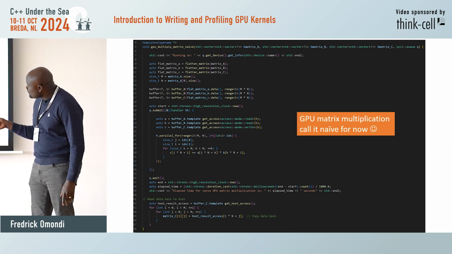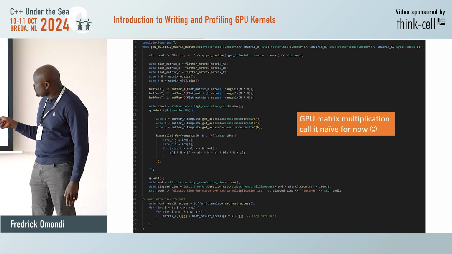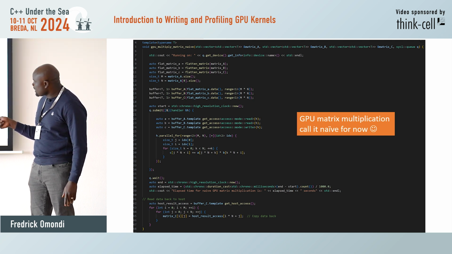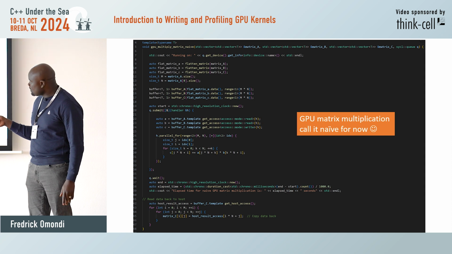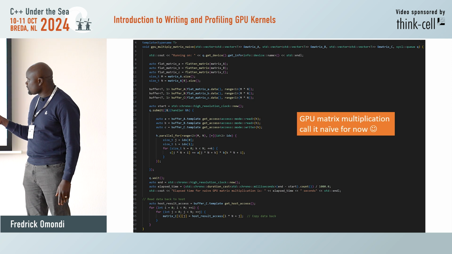If you look at this loop, every time we multiply the elements from the A and B matrices and add them, we are reading from C and writing back to C. So we are accessing the C matrix unnecessarily, and this is in the global memory. So this is also expensive.